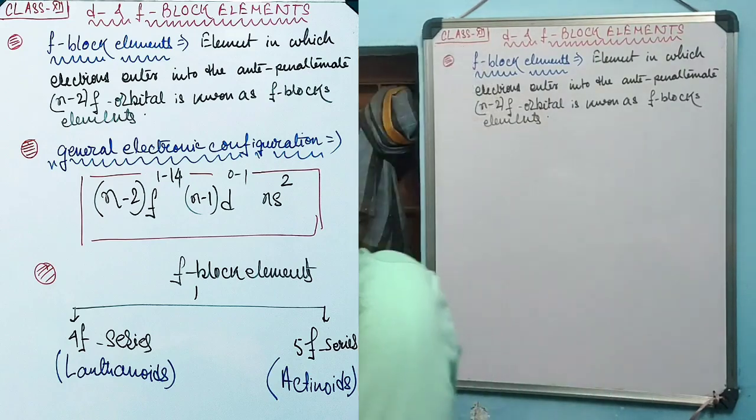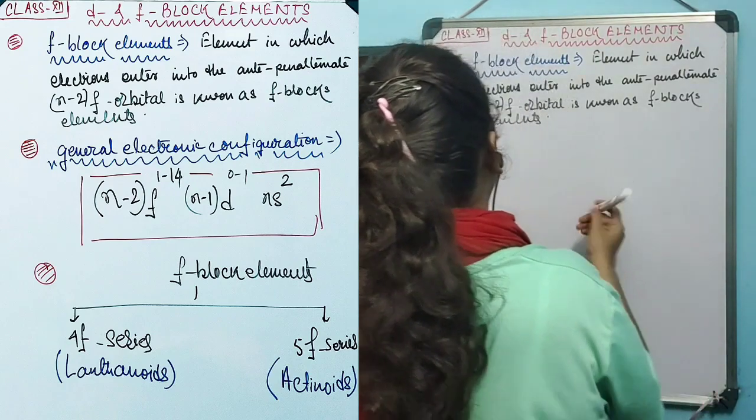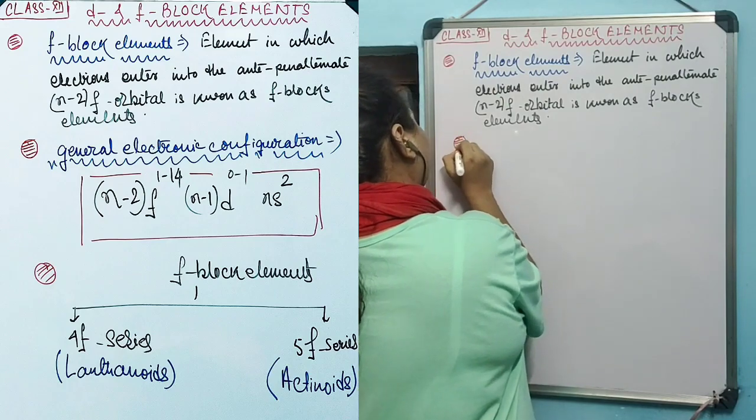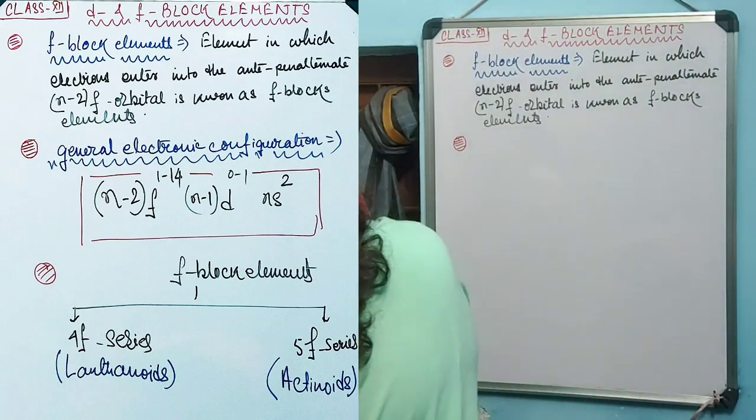Now, depending on this, a general electronic configuration for the F-block elements can be constructed.